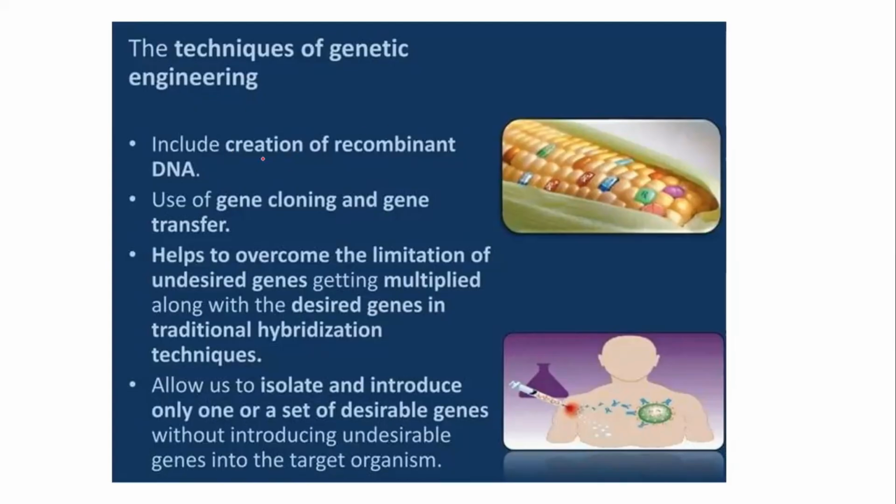So it includes the creation of recombinant DNA. It is also mentioned as rDNA, that is recombinant DNA. R stands for recombinant. Recombinant in the sense we are combining two kinds of DNA.